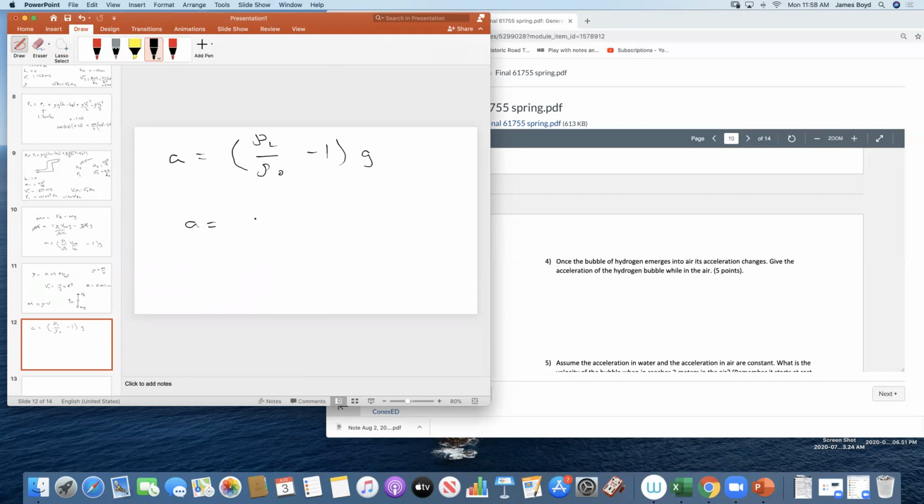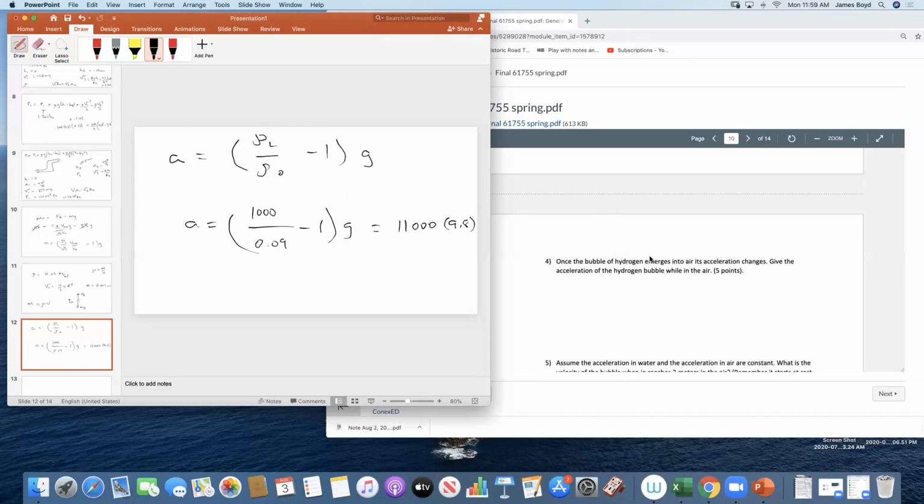So my acceleration here for the liquid, water, is 1,000. Hydrogen, I said, was 0.09, minus 1, times g. 1,000 divided by 0.09 is about 11,000 times g, right? So this is basically 11,000 times 9.8. That's pretty fast, right?